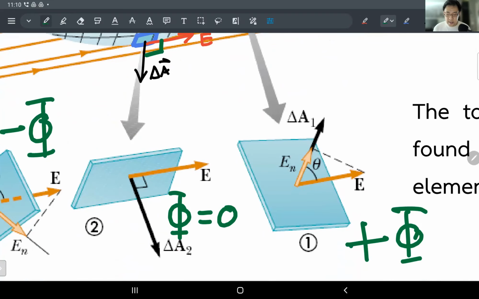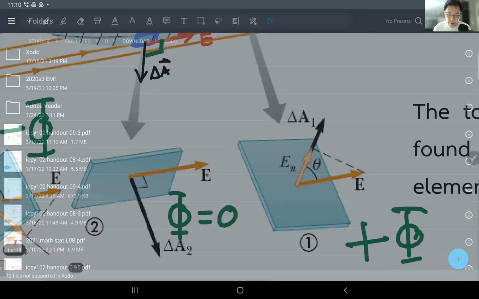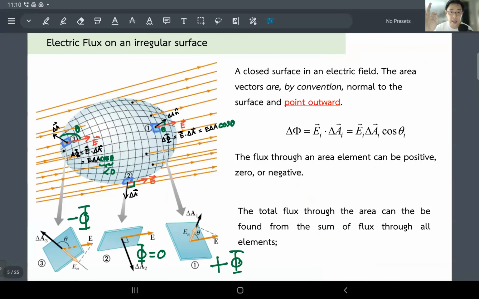So this is a conclusion from the definition of flux that we just introduced: you can have positive flux, negative flux, or no flux. No flux is easy because it comes from the case that there's no penetration of the vector through that area. That's all.